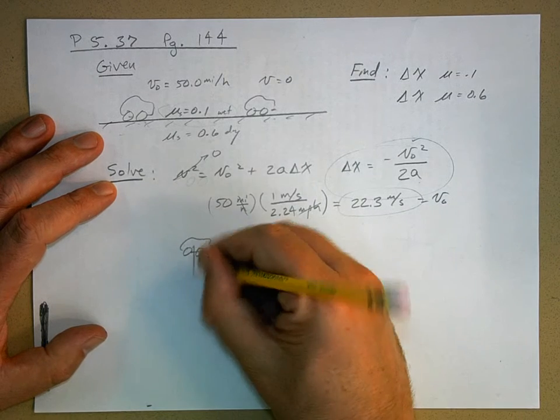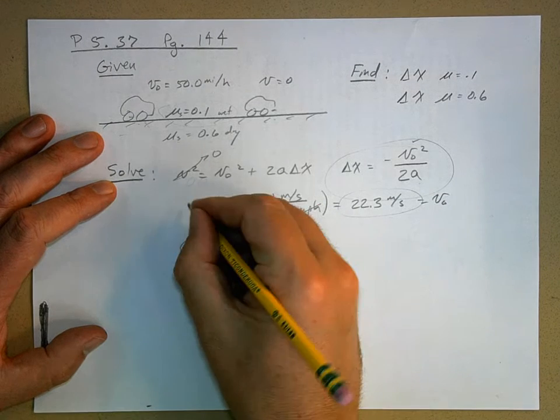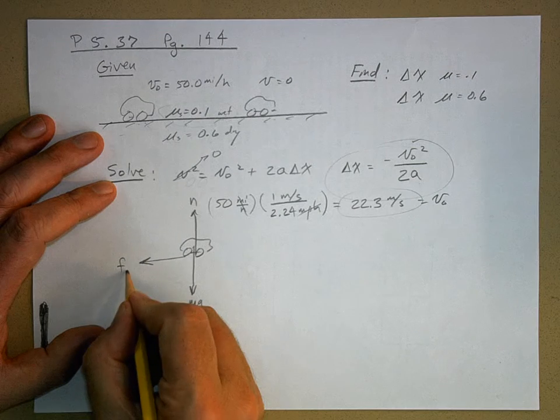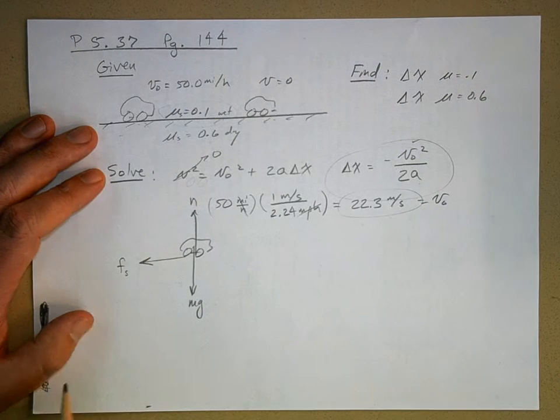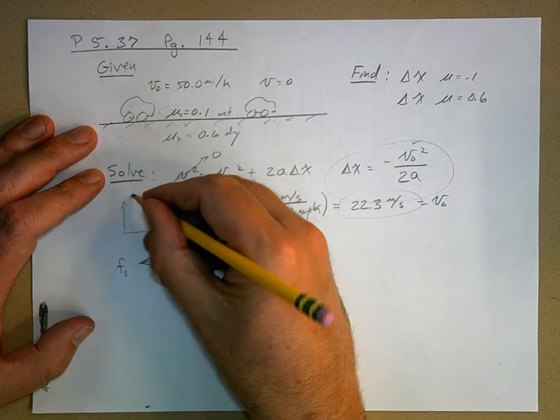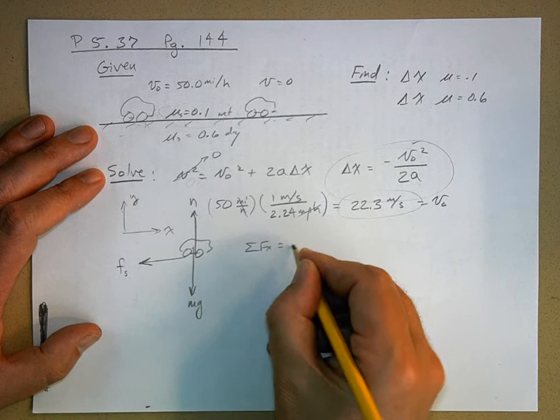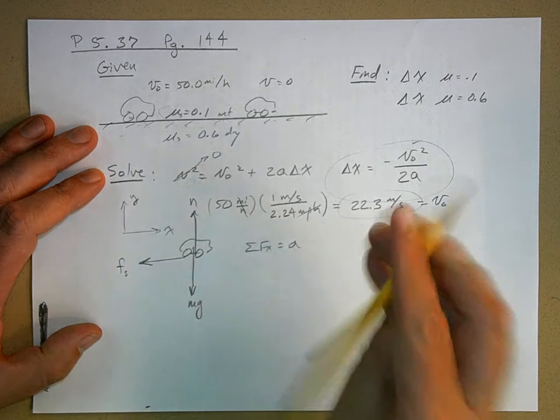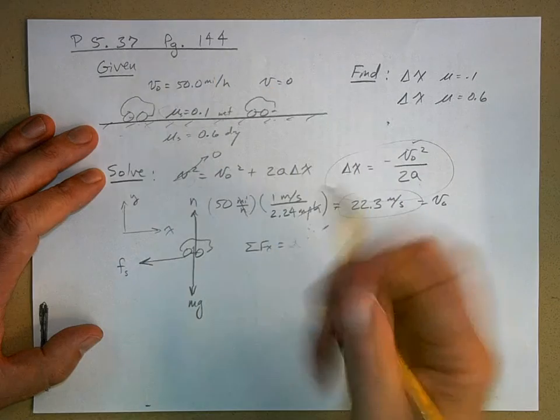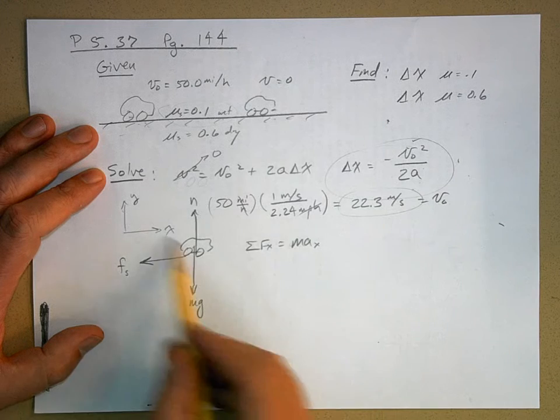Here's the car. Got mg, got the normal force, and we have the force of static friction holding it back. So we're going to say this is the positive x direction, and there's the y direction. If I sum the forces in the x direction, it equals ma. Well, I've only got one force in the x direction.